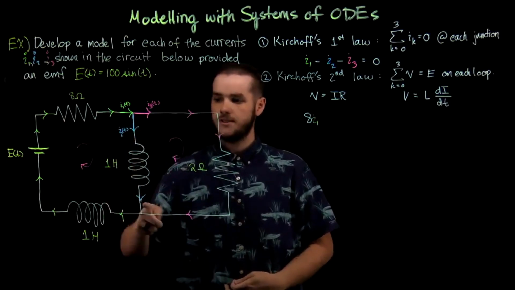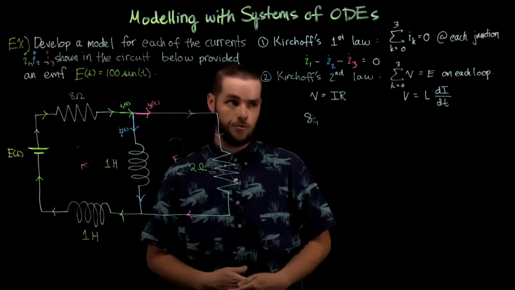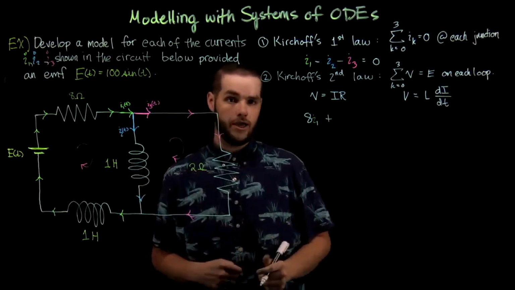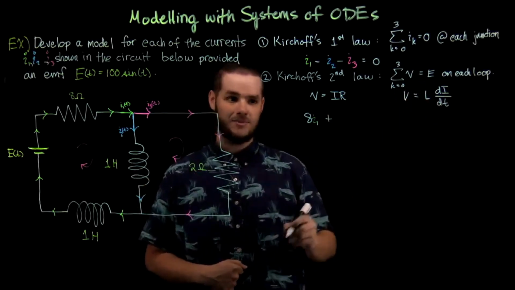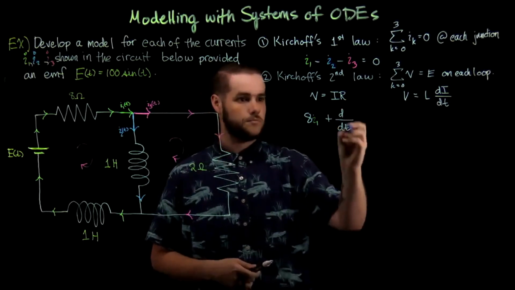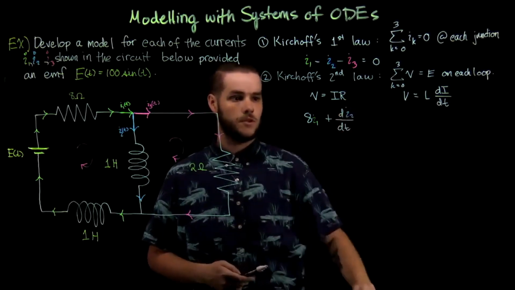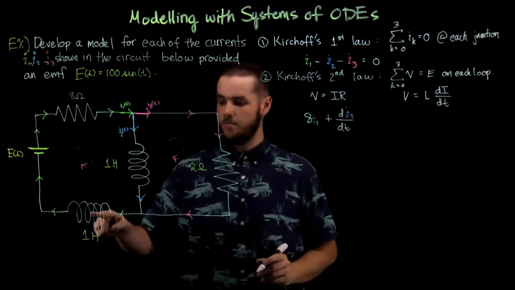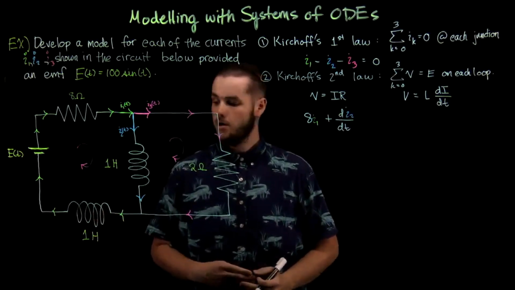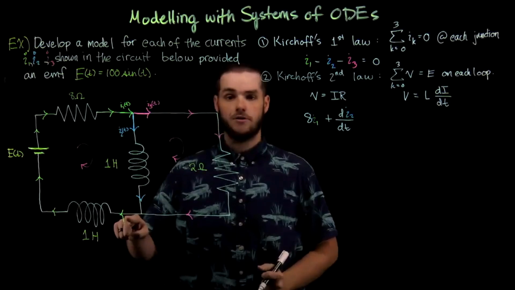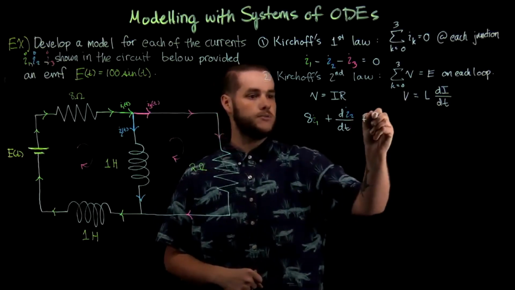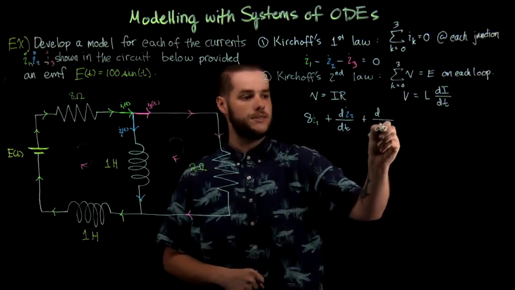Next, I move across this inductor with current I2, which means its inductance, being 1 Henry, gives me 1 times dI2/dt. Finally, the last step is this second inductor, also with inductance 1 Henry, but this time I have current I1. So I have 1 times dI1/dt.